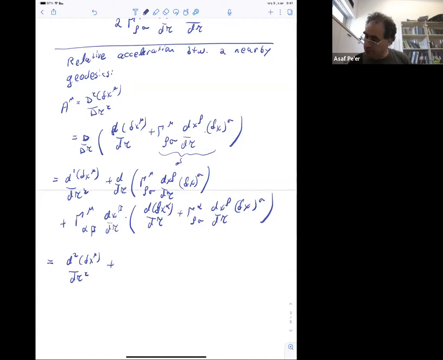I take the derivative of this one and then I can simply merge it with this, so I end up with 2Γ^μ_ρσ dx^ρ/dτ dδx^σ/dτ. Plus, now I need to take the derivative of the second term.